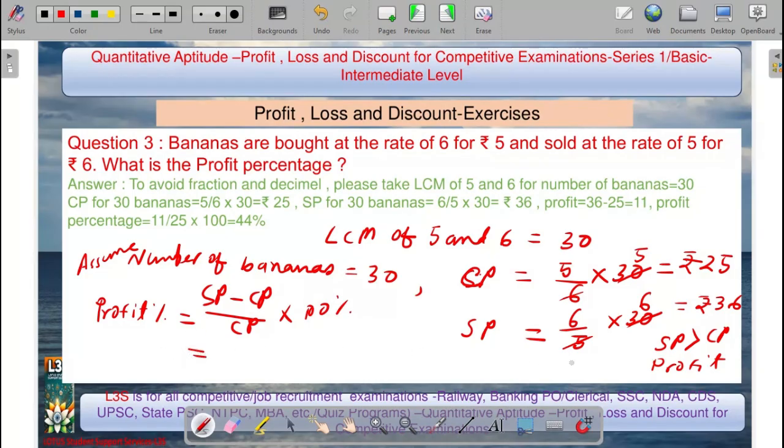So what is SP? 36. 36 minus 25, CP is 25, into 100%. So this is 11 by 25 into 100%. So this we can divide by 25 to get 4. So 4 into 11, 44. So profit percentage will be 44%.